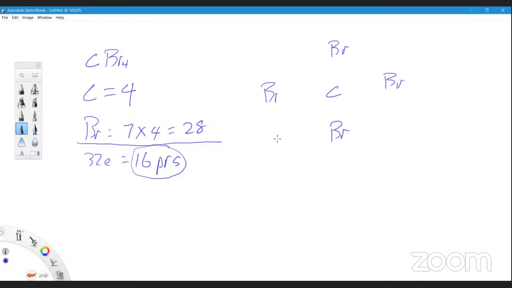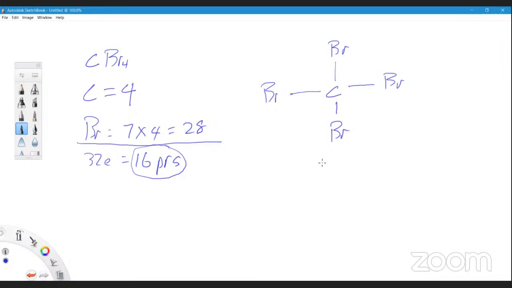Would you double line it between your carbon and bromine? No. You put single pairs first: 1, 2, 3, 4. We're going to get to some examples of double bonding later on, but that's not what's happening here.